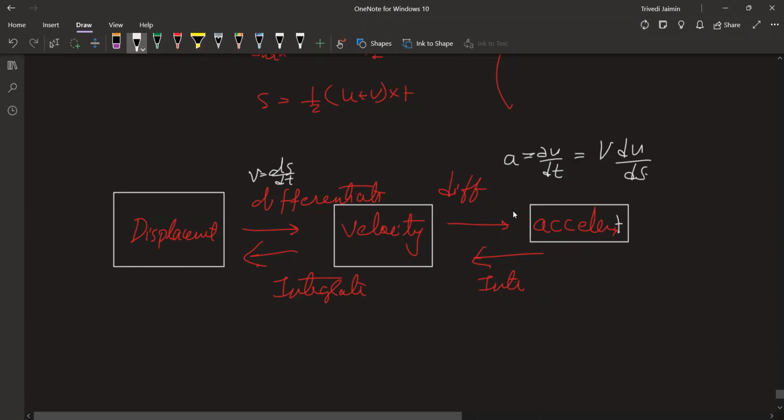Reverse of this one, with dt. Or another formula we wrote, same, a ds equals v dv.